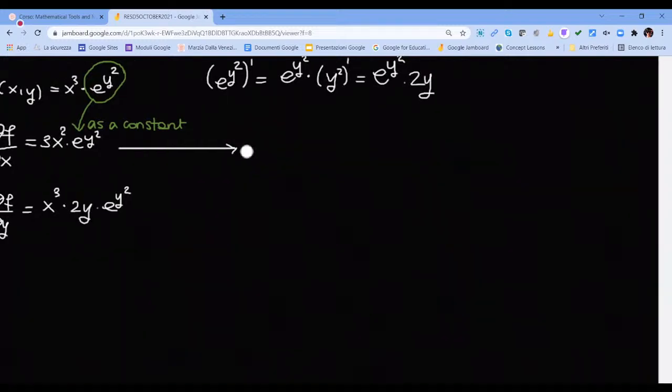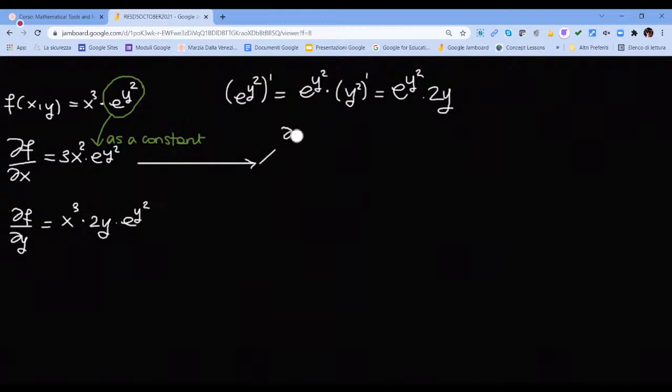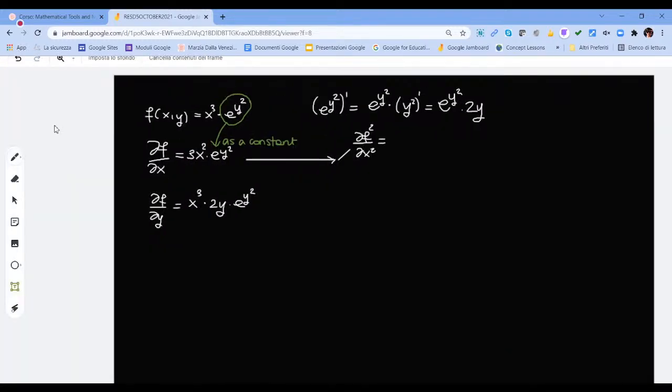We have, with respect to x twice, that means we derive with respect to x. All the rest can be seen as something that is a constant. So you will have only the derivative of x cubed multiplied by everything else.